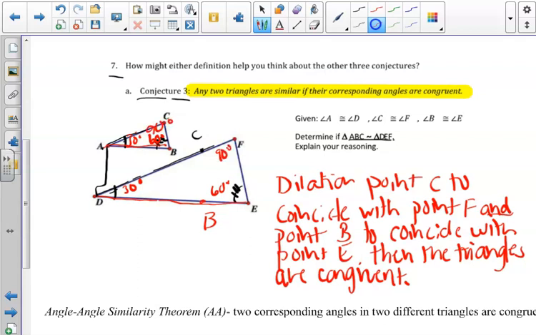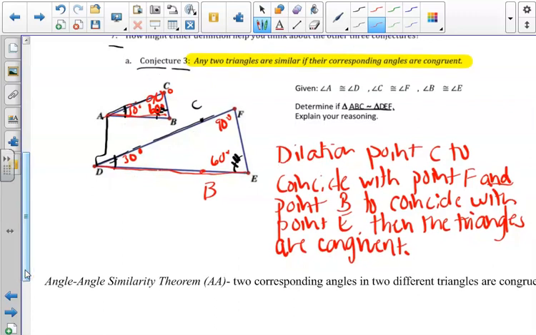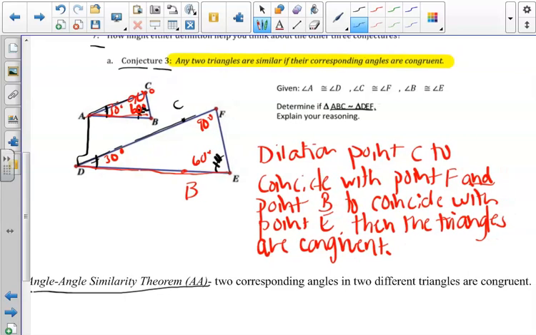So the minimum amount of information needed to prove that these triangles are congruent are actually only 2 corresponding angles. And in math, we call this the angle-angle similarity theorem. So if we know 2 corresponding angles in 2 different triangles are congruent, we can conclude then the triangles are similar.